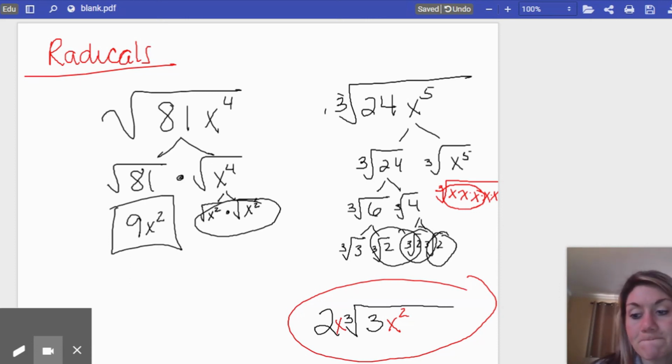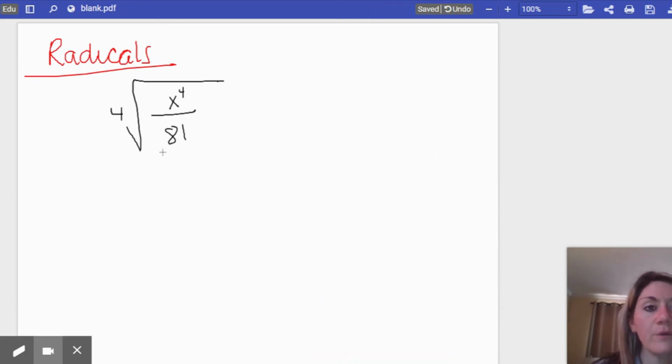Okay, so just like when we had a radical and we had a bunch of things being multiplied by each other and we broke it down, you can do the same thing when you're dividing. So as long as you're only dividing or multiplying, you can split some things up.